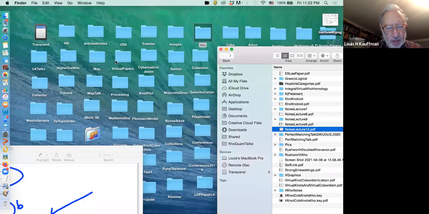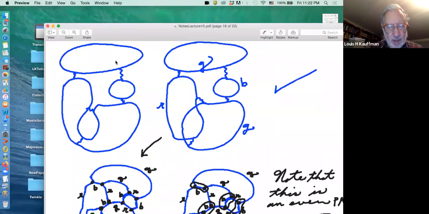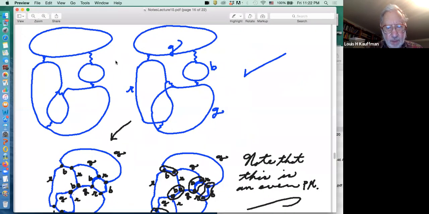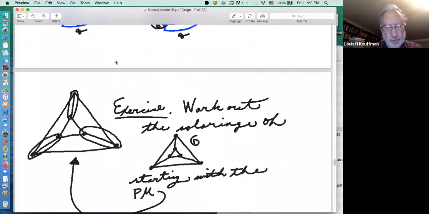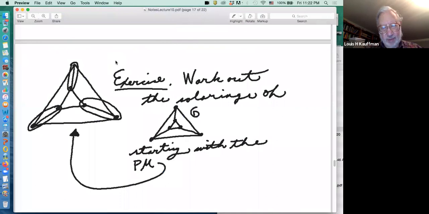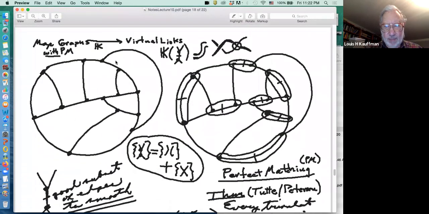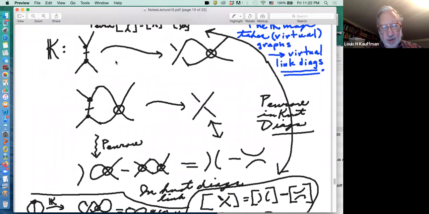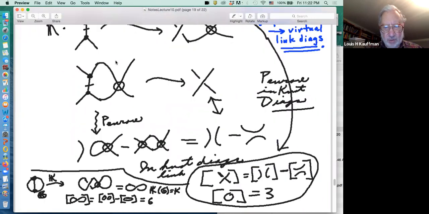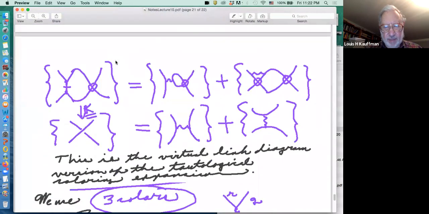And we took a long digression, but I wanted to show you that kind of correspondence. In my notes from lecture 10, I gave you another exercise about looking at perfect matchings for this, and a few more things of that ilk. And then I started talking about the K-map in those notes a little bit, and a little bit about Penrose.